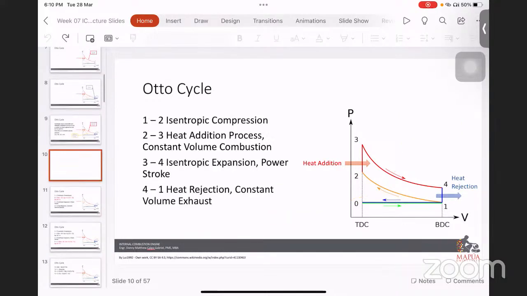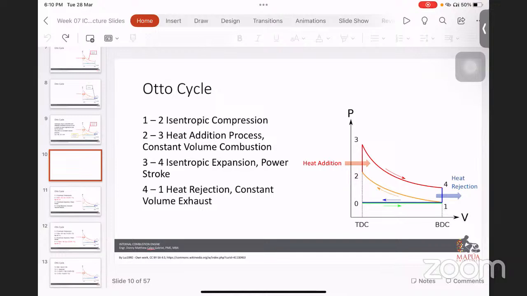Next. So, yung process natin from point 1 to point 2 is the isentropic compression. Yung process natin from point 2 to point 3 is heat addition. Ito yung introduction of spark. Yung process natin from point 3 to point 4, this is yung expansion or isentropic expansion.